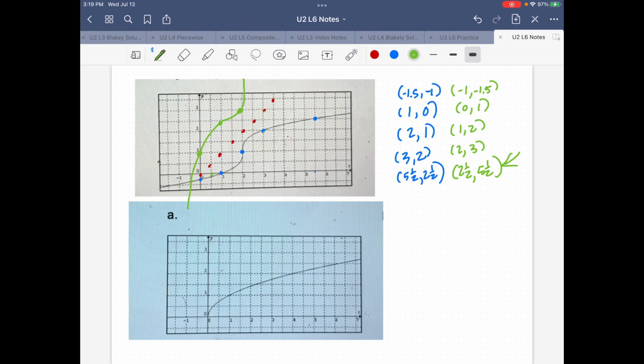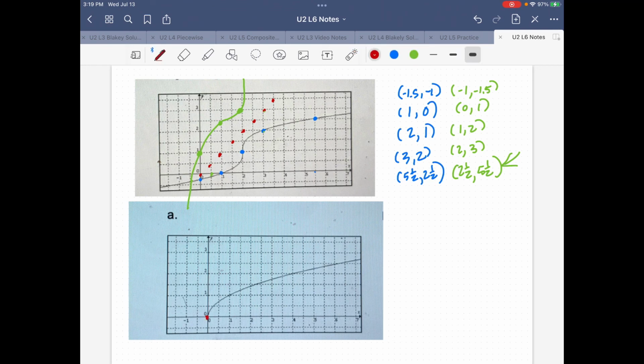It is a function. This is a function, and its inverse is a function. All right, so I need to draw my y equals x, which is represented by the red. I'm going to find some points on my original.